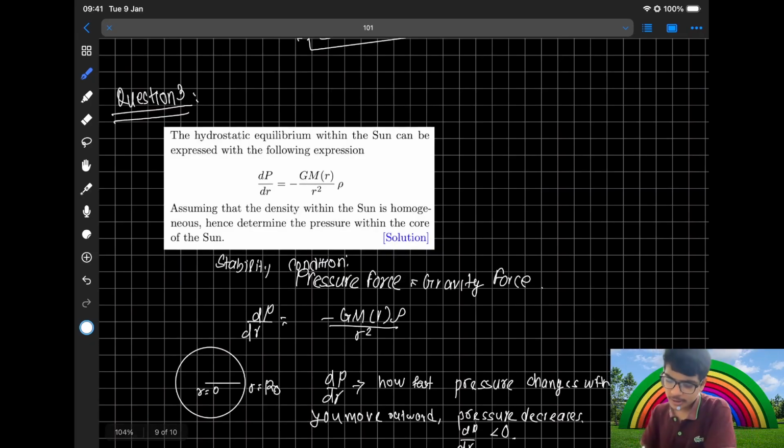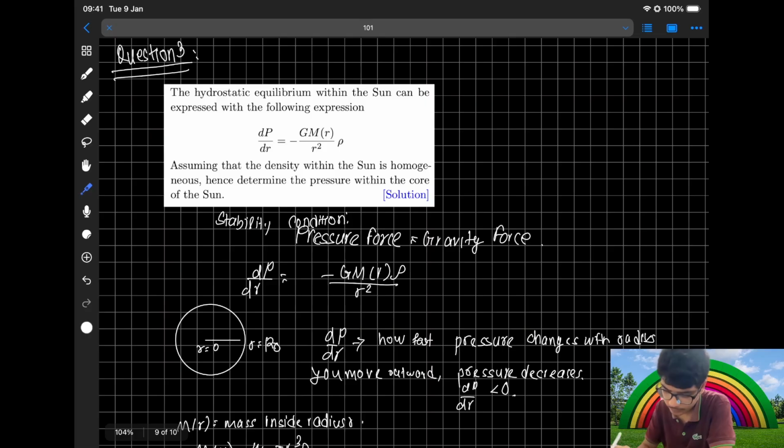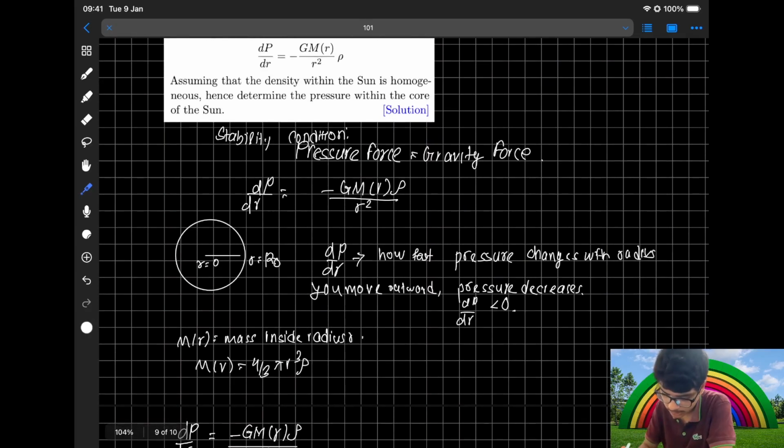The hydrostatic equilibrium within the Sun can be expressed with the following expression: dP by dr equals minus G M r by r squared times density. Let me tell you how. The stability condition is pressure force equals gravity force.